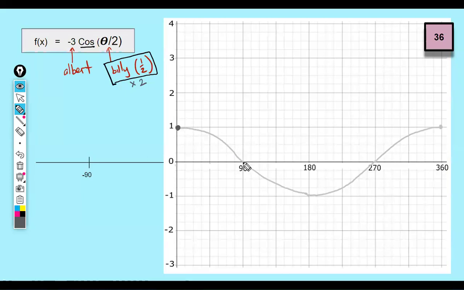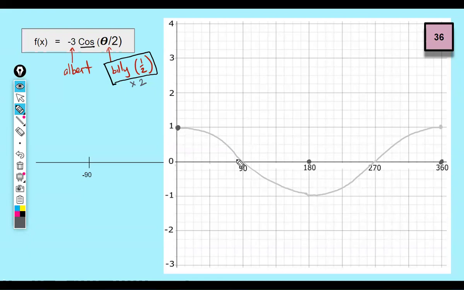Over here, the x coordinate is 90. 90 multiplied by 2 is 180. And over here, the x coordinate was 180. 180 multiplied by 2 is what? 360.